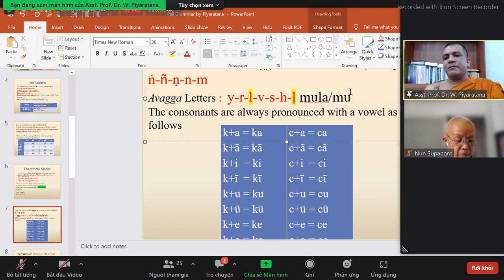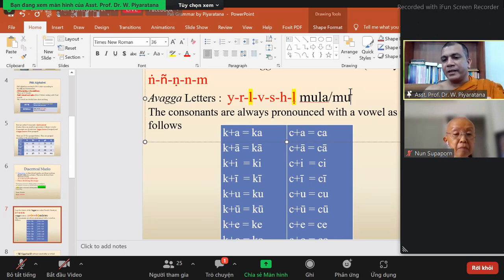When we count the total as byanjana, the basic classification is vowels and consonants. But consonants can be divided again into vaggaleta and avaggaleta. The 25 letters are included in five vaggas because they start with the first letter: Kavagga, Chavagga, Tavagga, Tavagga, Pavagga.